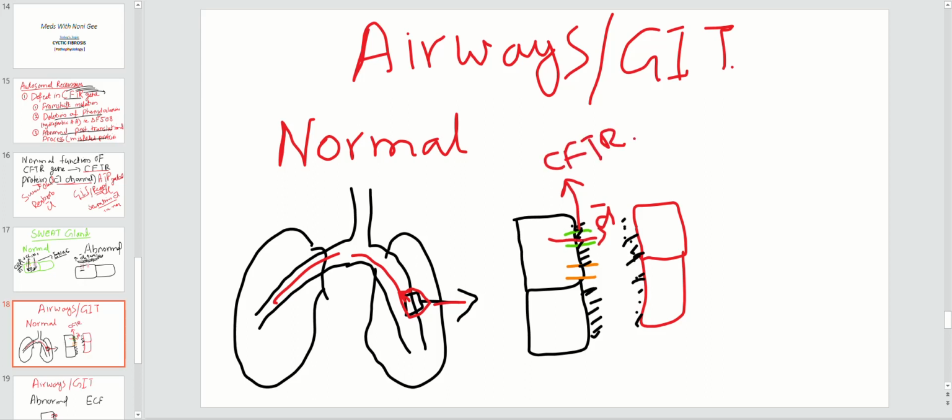It secretes chloride into the lumen, and its job here is a little different: the CFTR channel also tonically inhibits ENaC, the epithelial sodium channel. So in the respiratory tract or GIT, chloride is secreted into the lumen, and the epithelial sodium channel is tonically inhibited.